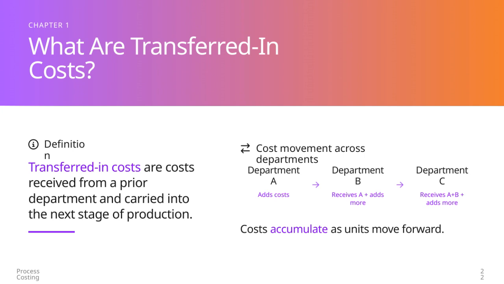This process continues to Department C, which accumulates all prior costs from Departments A and B and adds even more. Essentially, costs build up progressively as the product travels through each department. This concept is a key part of process costing, helping companies accurately track and allocate costs at each step of production. Understanding how transferred-in costs work is crucial for managing overall production expenses effectively.